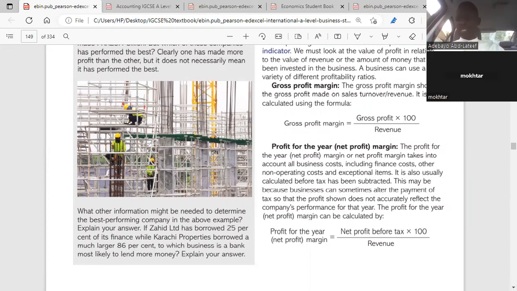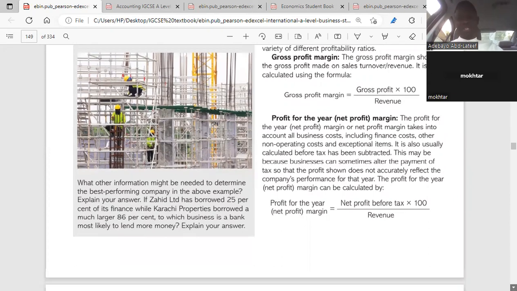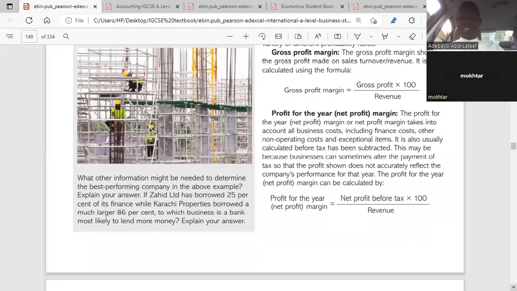And we have the profit for the year, which is the same as the net profit. For the net profit, we can also get the net profit margin, which is the net profit before tax divided by the revenue multiplied by 100. How do we get the net profit before tax?